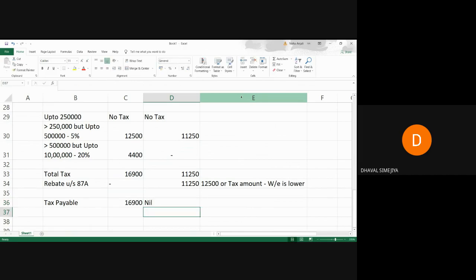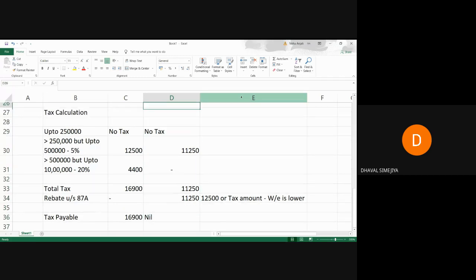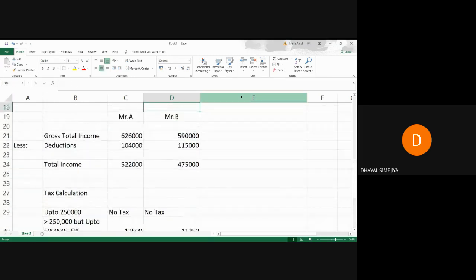Are you getting this or not? So if you check the income earned by Mr. A is 5,22,000, Mr. B is 4,75,000, means Mr. A is higher by 47,000 rupees only.